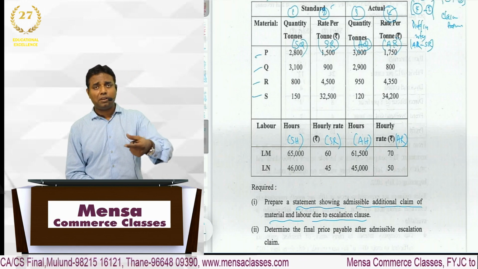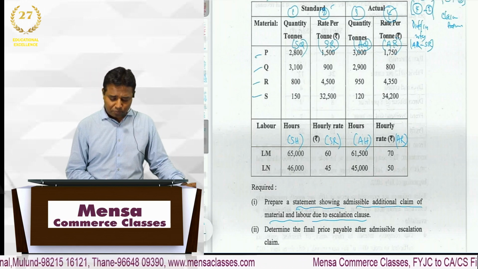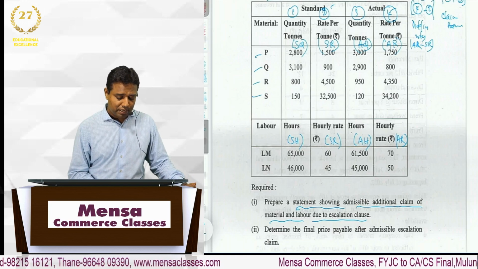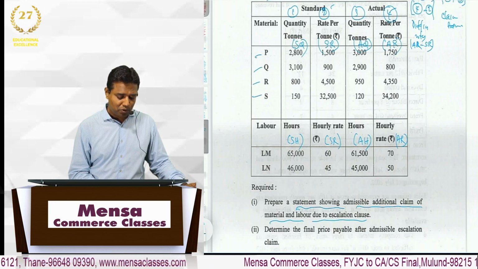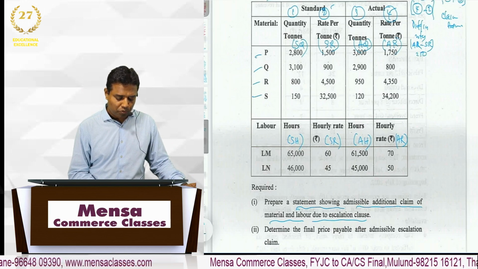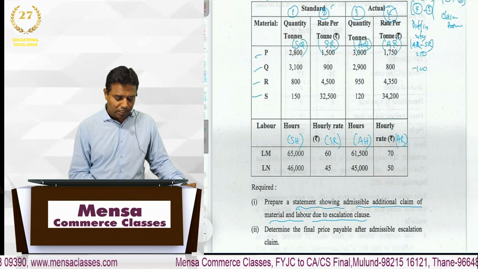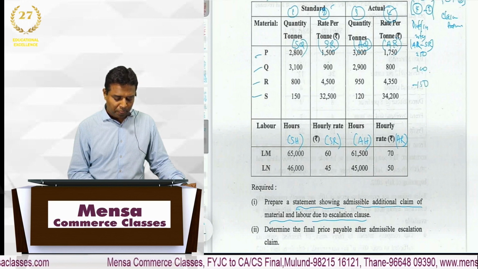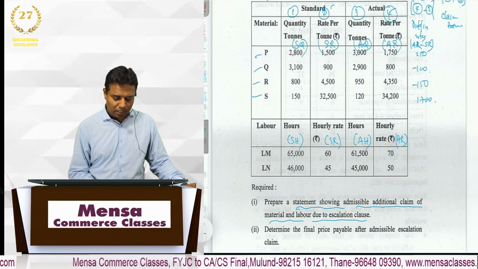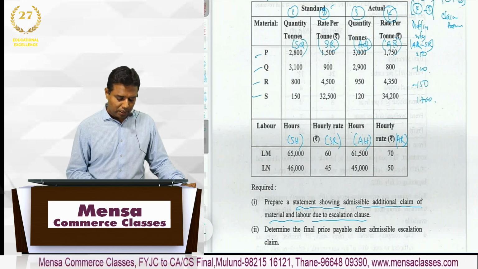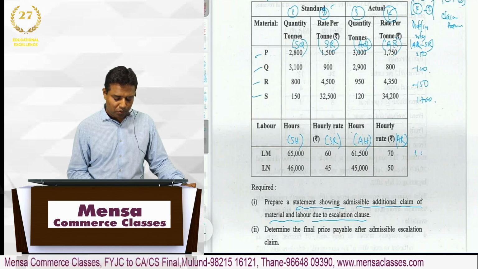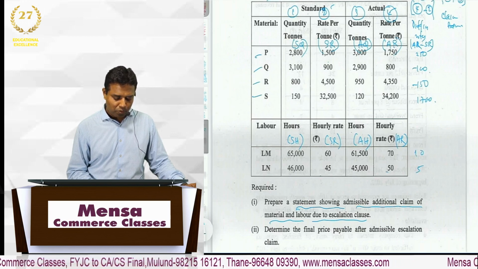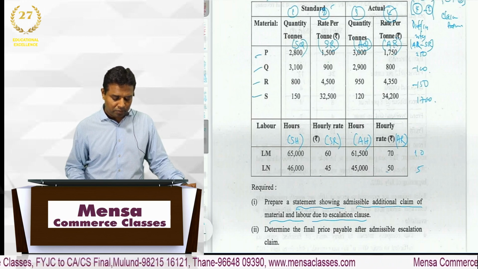So difference in rate multiplied by the standard quantity. So let's get the difference in rate. 1750 minus 1500, so 250 is the growth. Here minus 100 reduction, here minus 150, here increase is by 1700 rupees. Then here also 70 rupees, so 10 rupees difference, here 5 rupees. Multiply, you'll get the admissible claim.